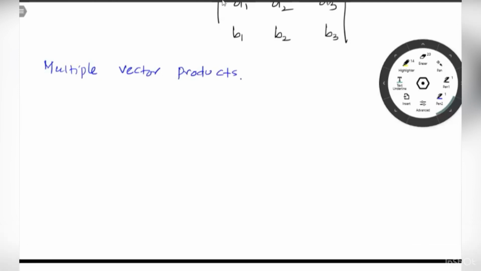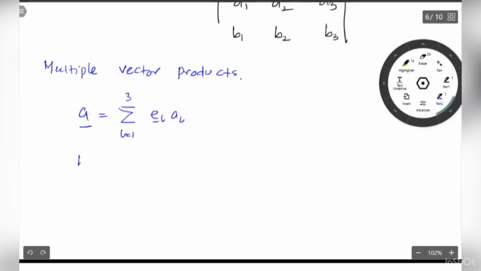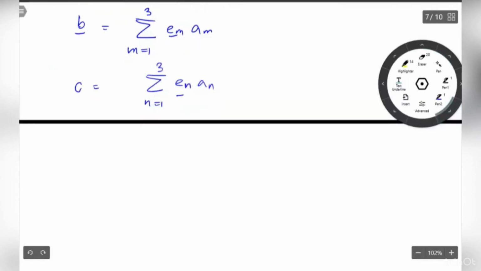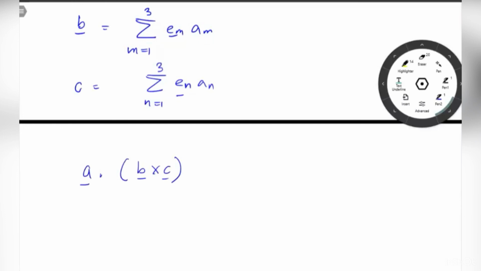Let's say I have a equals the summation of l equals 1 to 3 of el al, and b equals the summation of m equals 1 to 3 of em bm, and c equals the summation of n equals 1 to 3 of en cn. What will be a dot b cross c?